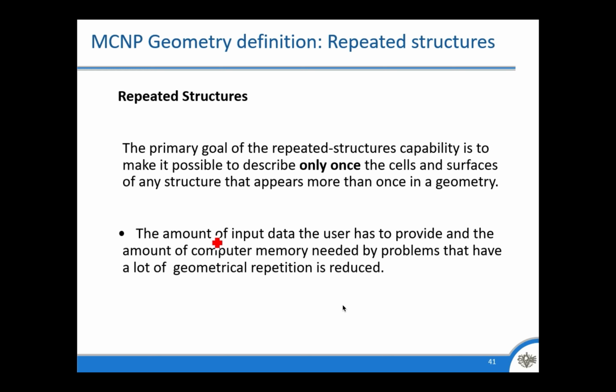If I want to model a reactor core, I have a very large number of rods to define. And some slides ago, I showed you how to define one single fuel element, and it takes quite a lot of lines to define only one.